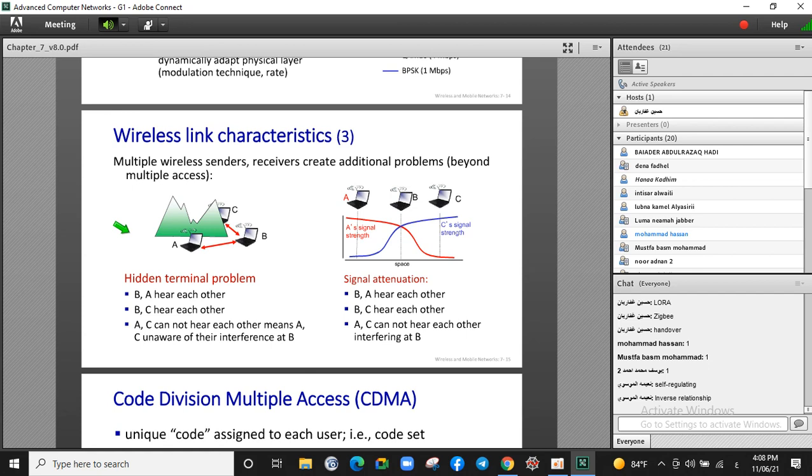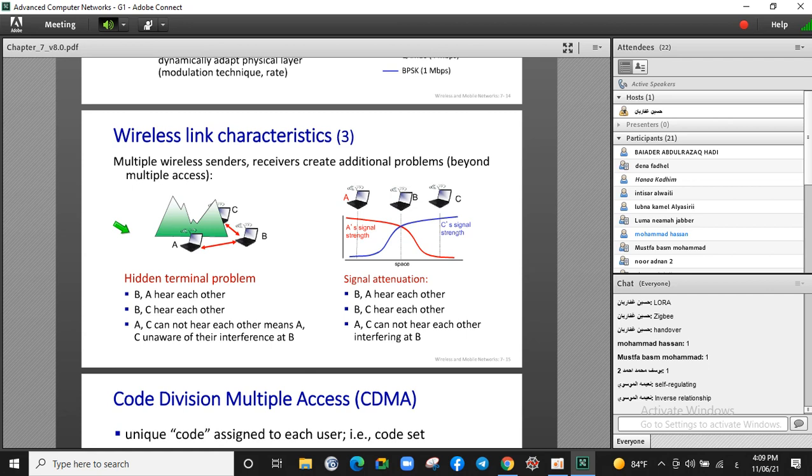It means that if I increase the distance between two nodes, after passing that communication range they cannot hear each other or communicate, because they cannot receive the signals from the other side of the network.